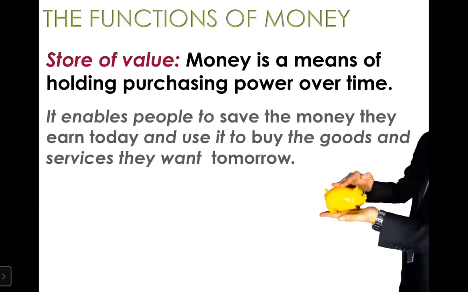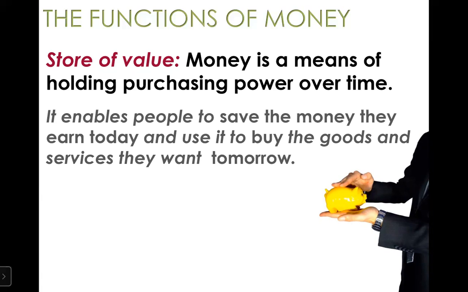The second function is a store of value. Money is a means of holding purchasing power over time. Certainly, if there is inflation or deflation, the money is going to lose value, so its ability to hold purchasing power over time will be affected.